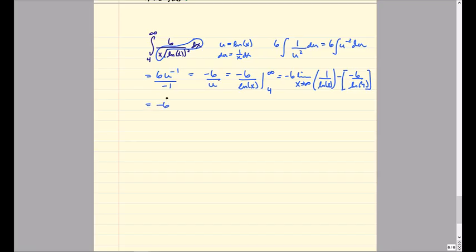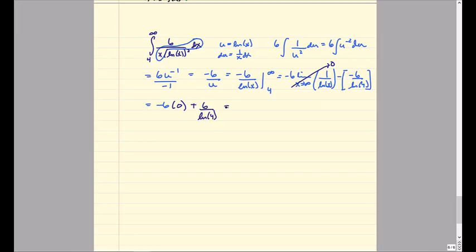Okay, so natural log of infinity is going toward infinity. So the denominator is going toward infinity. The overall fraction then would be going toward 0 because 1 over a very, very large number is going towards 0. So this is negative 6 times 0 plus 6 over the natural log of 4.